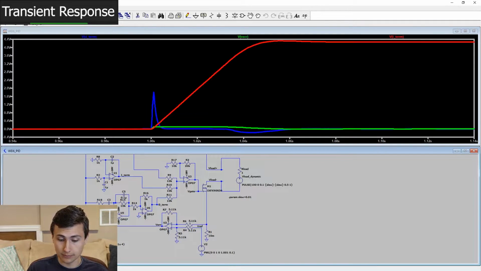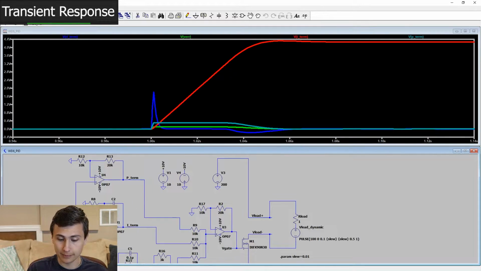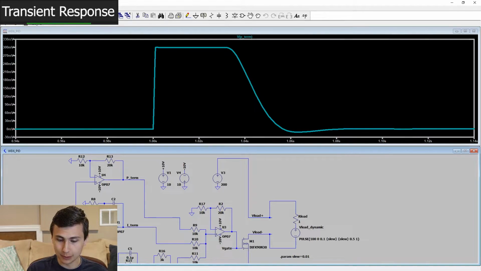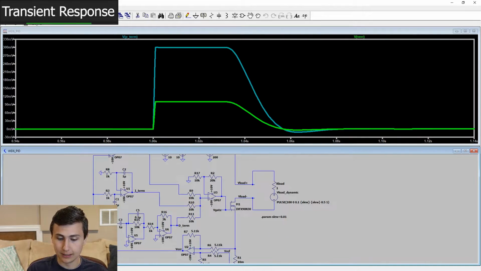And then as the error comes down, the D term pulls back on our controller. The I term responds how we would expect, slowly increasing over time until the error is taken out. You can see that since we overshoot, the I term settles down a little bit. Then the P term is really quite simple. The P term is just the error multiplied. It's really that simple.